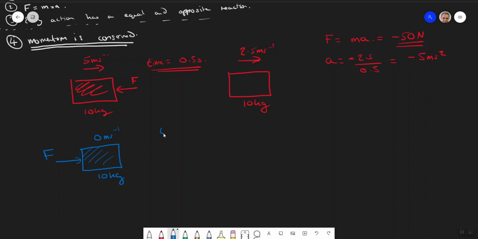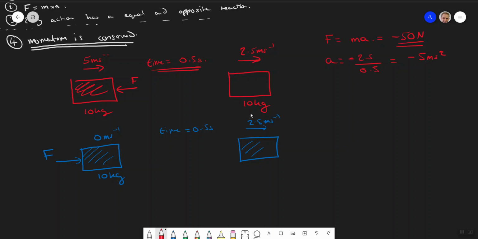After a time of 0.5 seconds, it is going to move that way with a velocity of 2.5 meters per second.